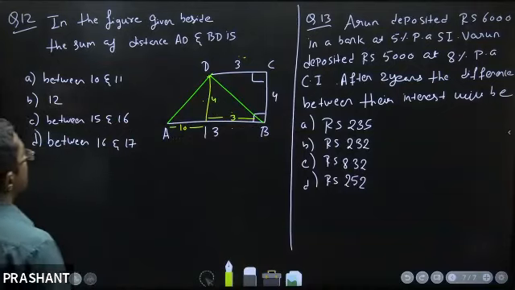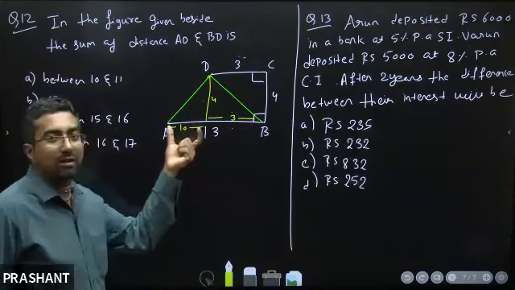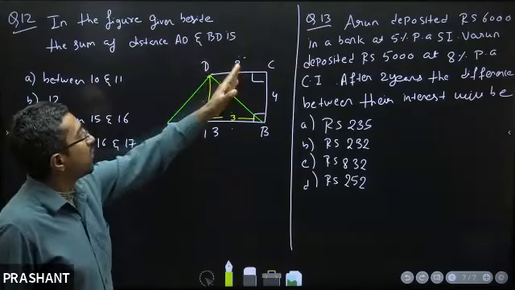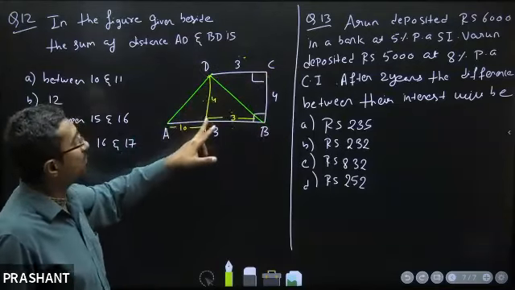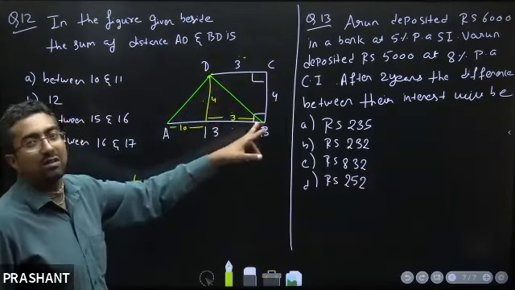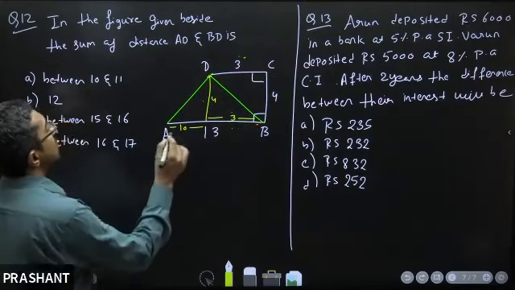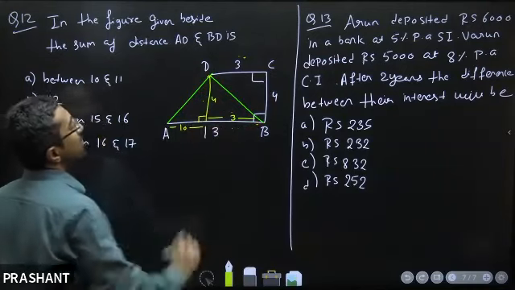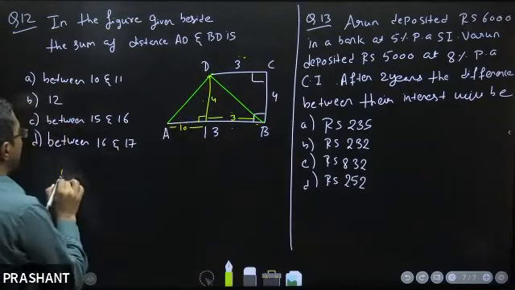Okay. So basically this diagram is not drawn proportionately, but what we can see, if this is 4, and if you drop a perpendicular from here, so this should be 4. And this is 3, so this is also 3. Correct? So now this is a perpendicular. So what will be the AD by using the Pythagoras theorem?